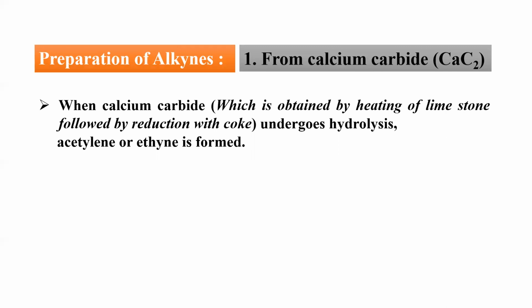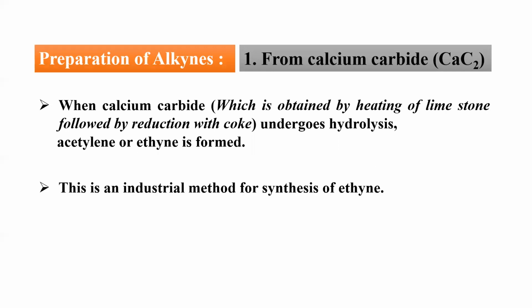Calcium carbide is obtained by heating limestone followed by reduction with coke. We know what limestone is, calcium carbonate. Limestone is made to react with coke. It is reduced in the presence of coke to give us calcium carbide. Now, when this calcium carbide undergoes hydrolysis, acetylene or ethine is formed.